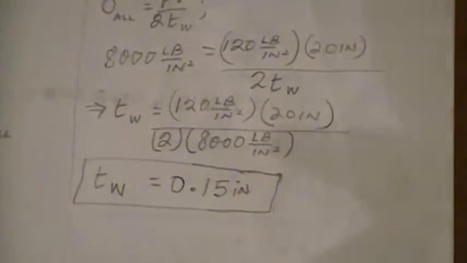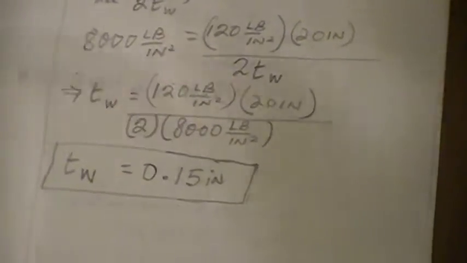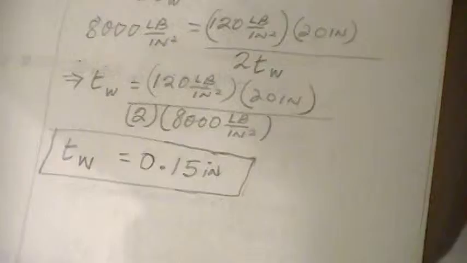In this case our pressure stays the same, 120, but the stress for the wall was given as 8 ksi. That is 8,000 pounds per inch squared.